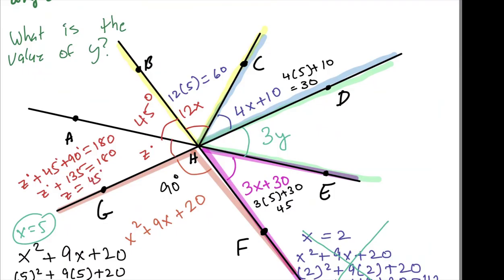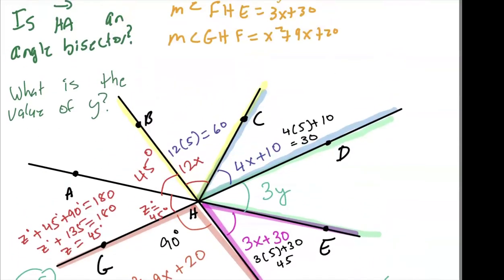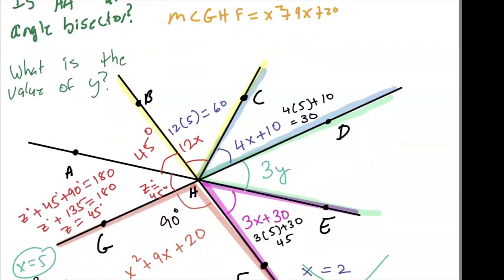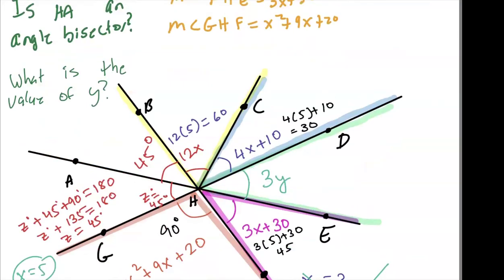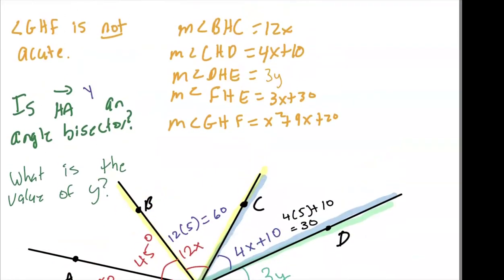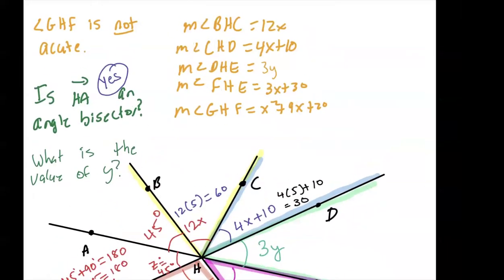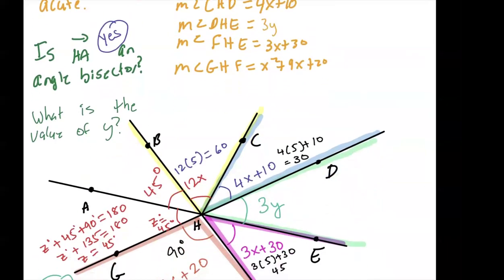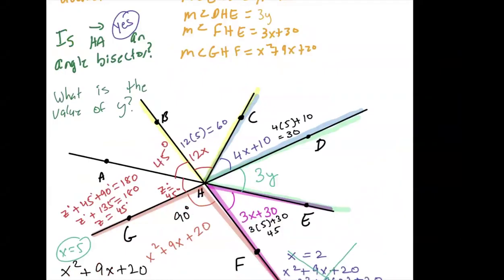So that means Z is 45 also. Does that mean HA was the bisector? Yes, both angles are equal. It's very tricky to solve these kinds of problems. Like I said earlier, we have to look for vertical angles and linear pair.